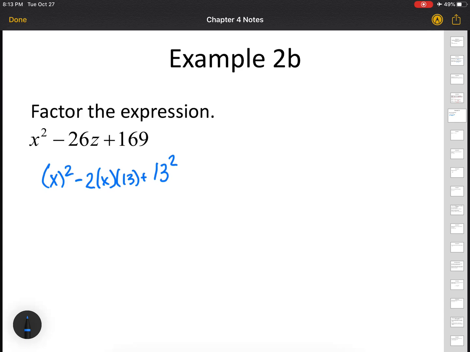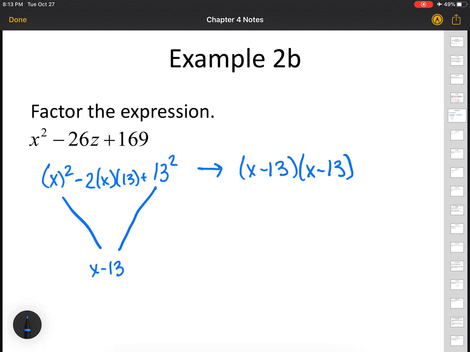So this is a perfect square trinomial, which in the end will help me make an x minus 13 and an x minus 13. And again, those are coming from these right here. And since I have two of these, in the end, I could just simplify this to x minus 13 squared.